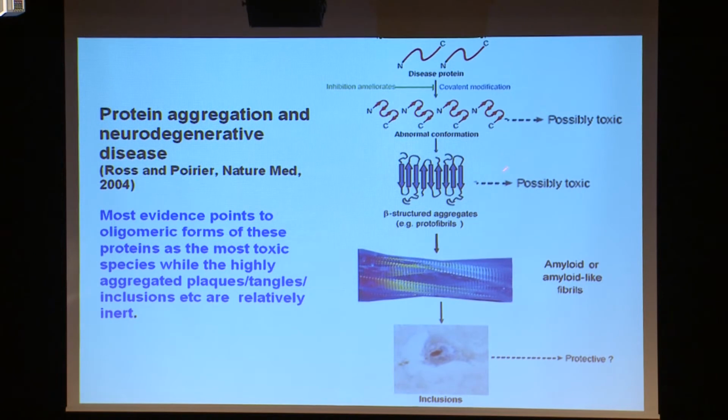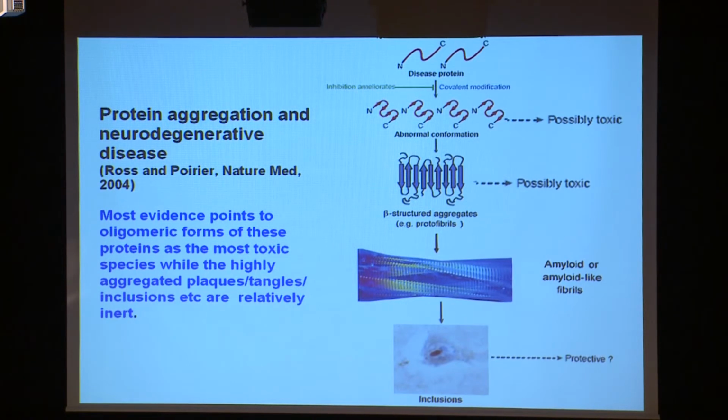It's the protofibrils or the oligomeric forms, the smaller forms, which can move around in the brain and pass on their ability to misfold other proteins. So these proteins may become covalently modified or proteolytically modified, forming small oligomers which can move around and infect other parts of the brain.